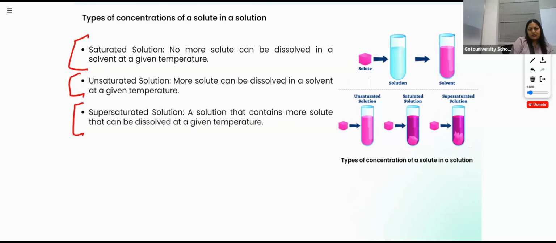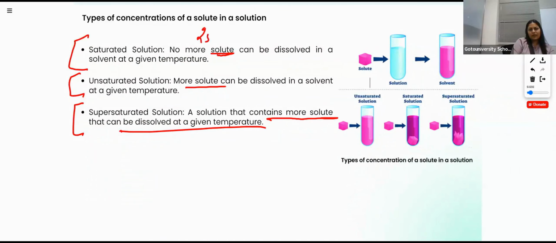So what is a saturated solution? In which no more solute can be dissolved in a given solvent, right? And in unsaturated solution, we can dissolve more solute at a given temperature. But a supersaturated solution contains more solute than can be dissolved at a given temperature.